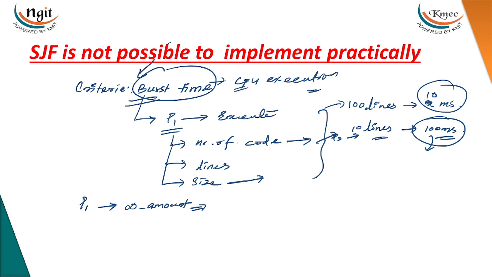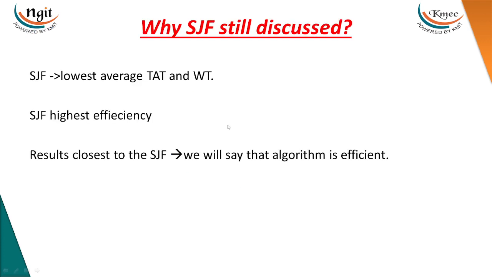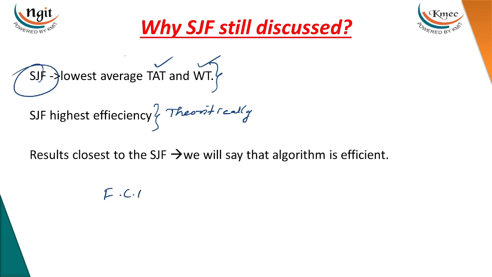That's why SJF is not possible to implement, because we cannot predict the execution time or burst time of a process. But why are we still discussing SJF? Because shortest job first gives the lowest average turnaround time and lowest average waiting time, and theoretically it has the highest efficiency and highest CPU utilization for a system. FCFS is practically possible to implement, and there are other scheduling algorithms which are practically implemented.